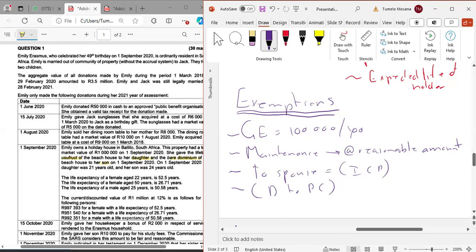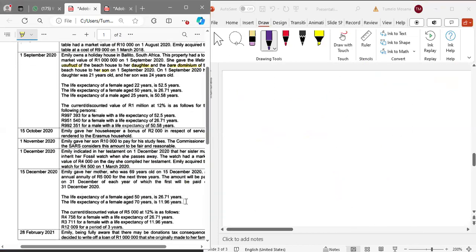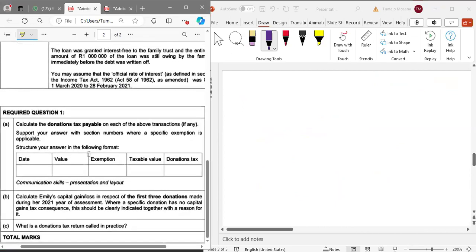Okay, now what we need to touch on is putting everything that we have just mentioned into the practical way that we can, right? So we are going to answer this required. It says we need to calculate the donations tax payable on each of the above transactions, and we need to support our answers with section numbers, right? Where exemptions are applicable. I'm going to send you slides, and those slides are going to have the section numbers.